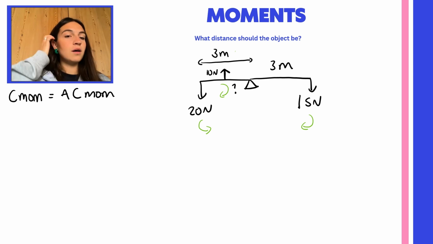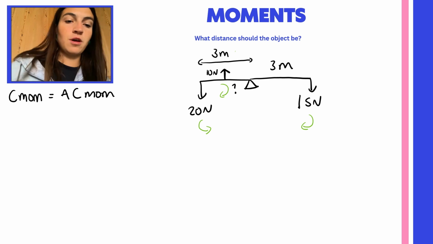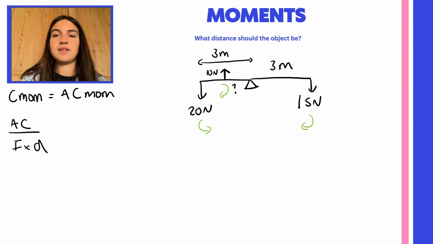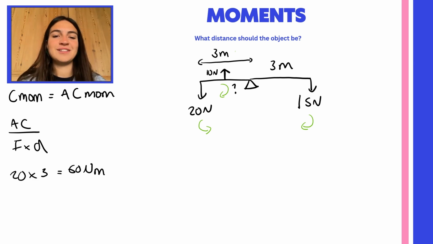So let me start with my anti-clockwise moment there from the 20 Newtons. So I need to find it by doing force times distance. So that is 20 times distance from its pivot, 3, is 60 Newton meters. Now I can look at my clockwise moments, and I'm going to look at the 15 Newton one first.